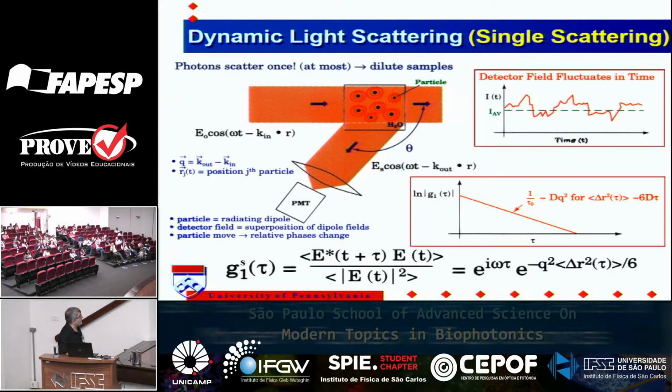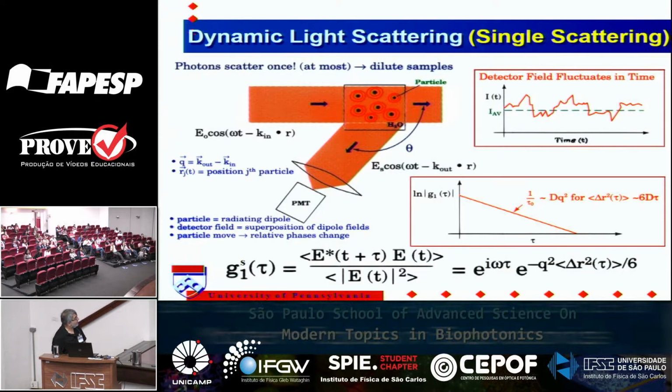So I can put my detector out here at some angle theta, and measure the scattered light from these particles. Because the particles are moving, this scattered intensity will fluctuate in time. Sometimes they'll add up constructively, sometimes destructively, varying between destructive and constructive as they move.